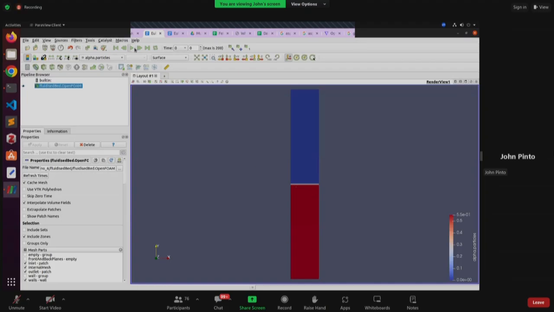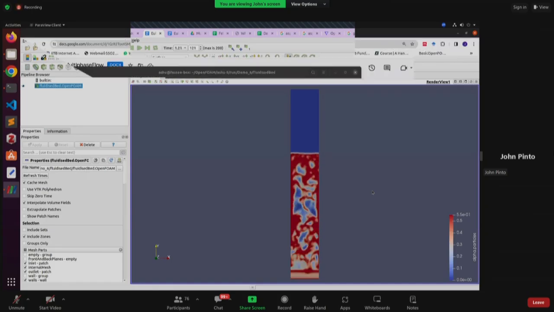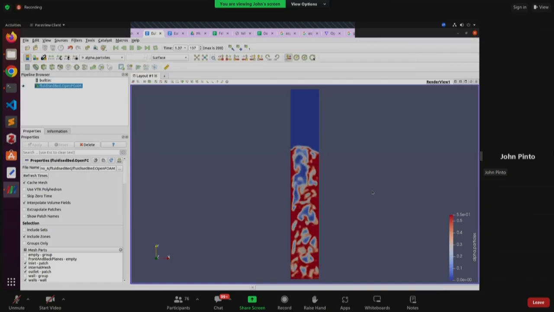As soon as I start to play, air is being purged from the bottom, and these particles start to levitate, and then the air will diffuse in, break these particles up, and then we start to see the fluidized bed in action. It is breaking it up, it is moving up. So we have simulated only for 2 seconds.